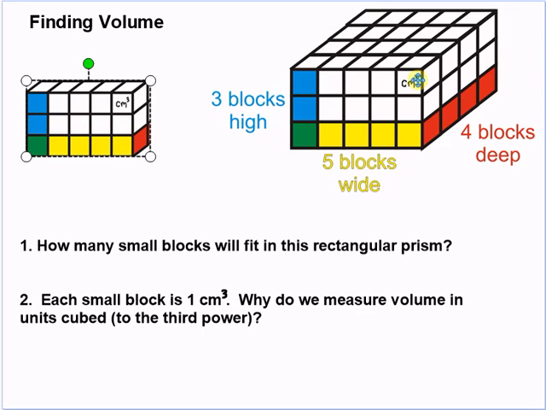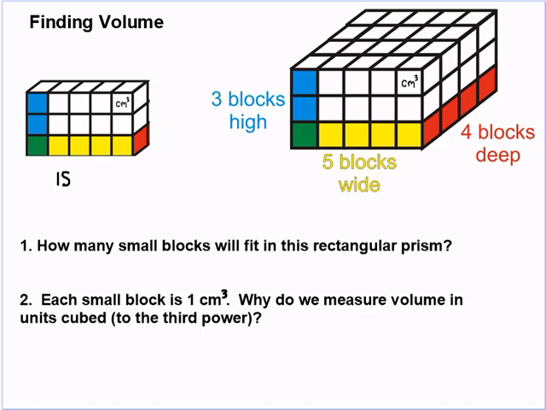In this particular section, we have 1, 2, 3, 4, 5 times 1, 2, 3. If you remember that formula from area, it's length times width. So we know that in each one of those sections, we have 3 blocks by 5 blocks, which is 15 of these little blocks.